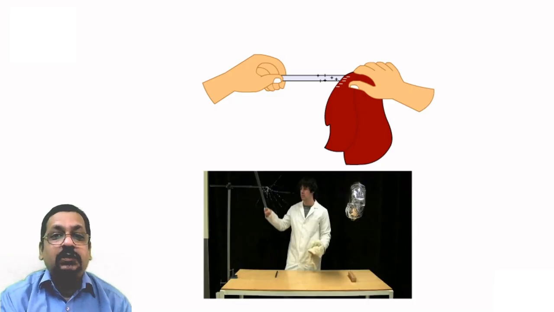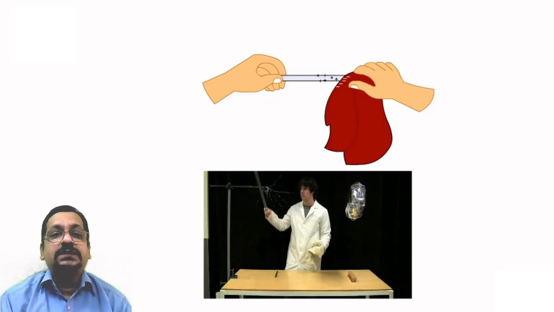Because we are rubbing that glass rod against the silk cloth, because of the friction, the electrons from the glass rod are getting transferred to the silk cloth. And since electrons are being transferred, the glass rod becomes positively charged and the silk cloth becomes negatively charged. So, friction is the cause to have the object charged.